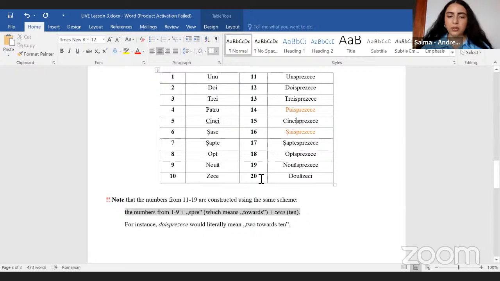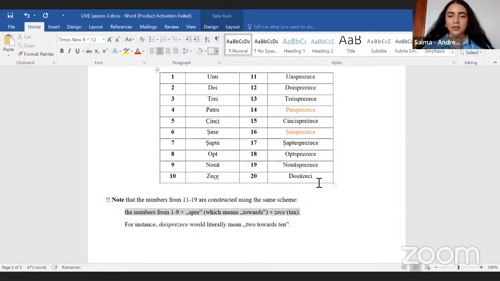When we talk about numbers like 20, 30, 40, 50, and so on, we have a different pattern, so to say. It's not actually a pattern, I'm just calling it a pattern to make it easier for you to understand. But 20 actually means 2/10.